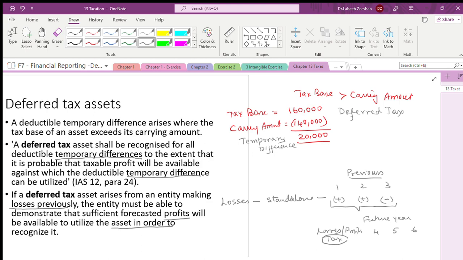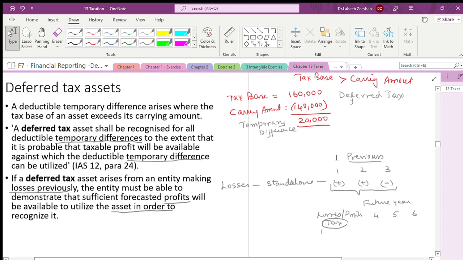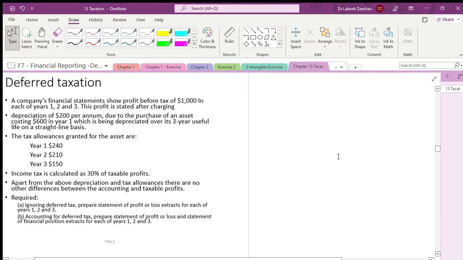It means we have to consider what happens in the previous cases and what happens in the future years also. Fine. Now, by doing this, we will have more clarity on how things will work.